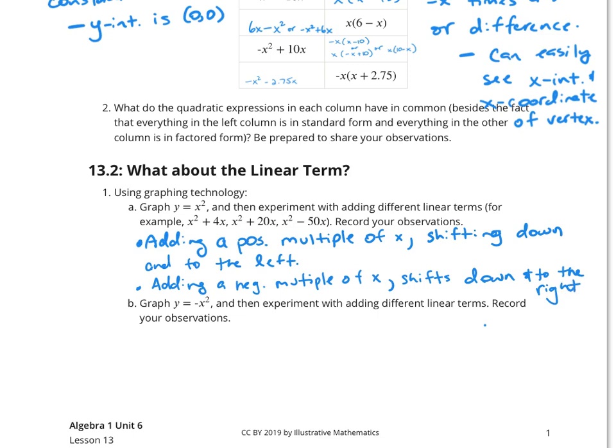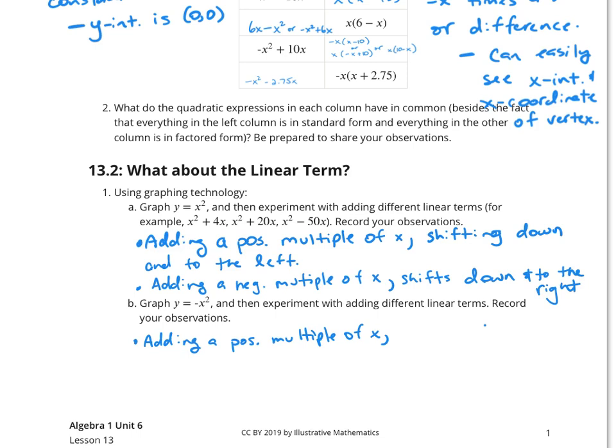Now with the negative x squared, y equals negative x squared, when I am adding a positive multiple of x, it works the opposite of when you add it to y equals x squared.